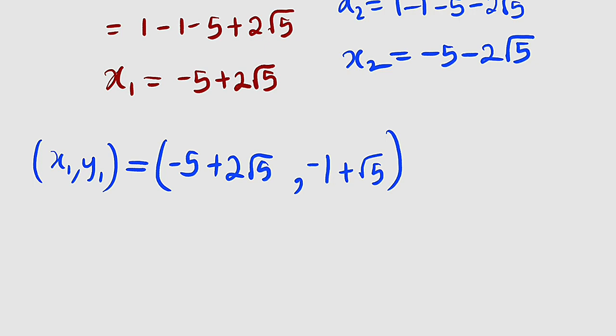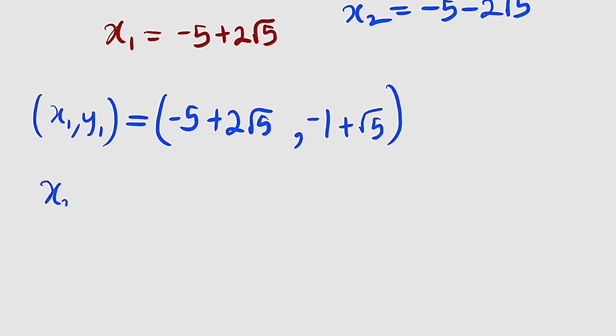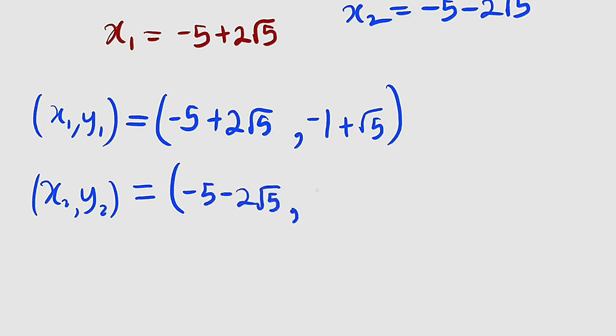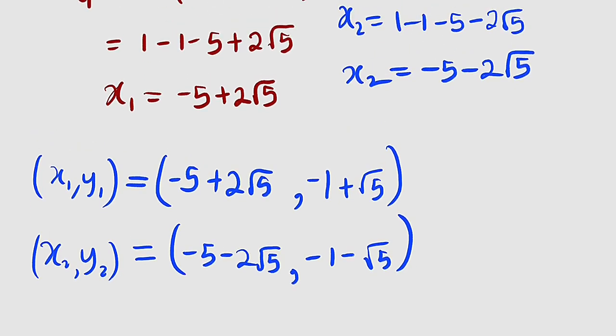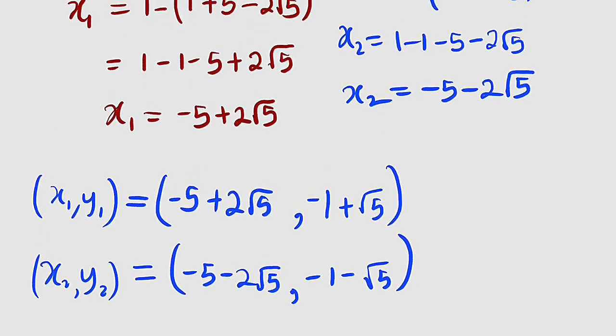This is the first combination. Then x2, y2, where x2 is negative 5 minus 2 root 5, and y2 is negative 1 minus root 5. And hence, this is the solution to this system of quadratic and linear equations.